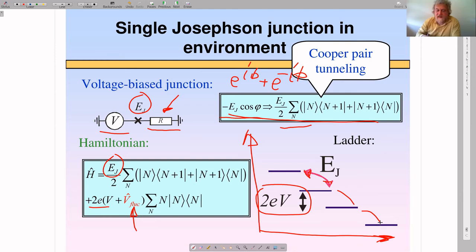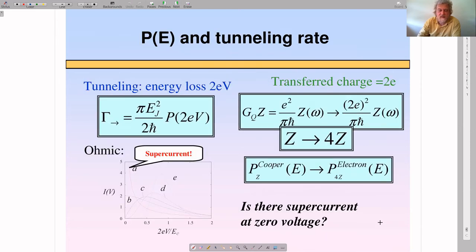It would be enough to consider each step in this ladder a single tunneling event. And again, this is yet another case of decay. There's a qubit, there's a tunnel amplitude. So we can use the formula which we have for a qubit for this situation.